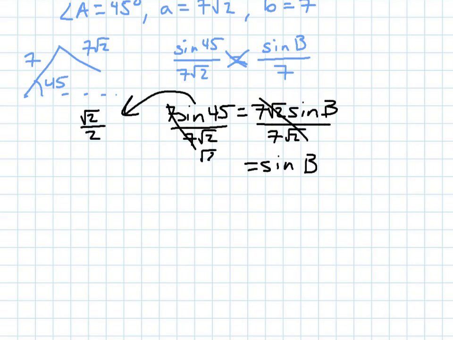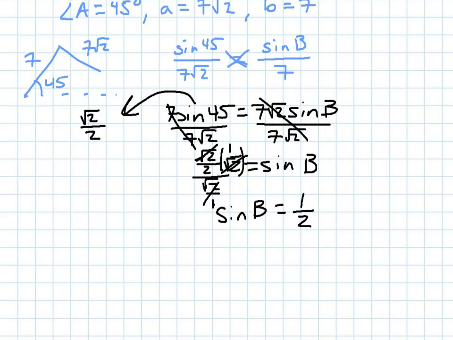So this is the same thing as square root of 2 over 2, divided by square root of 2, which is the same thing as over 1. So I could multiply by the reciprocal here. My square roots cancel each other out, so I actually have sine of B equals 1/2.